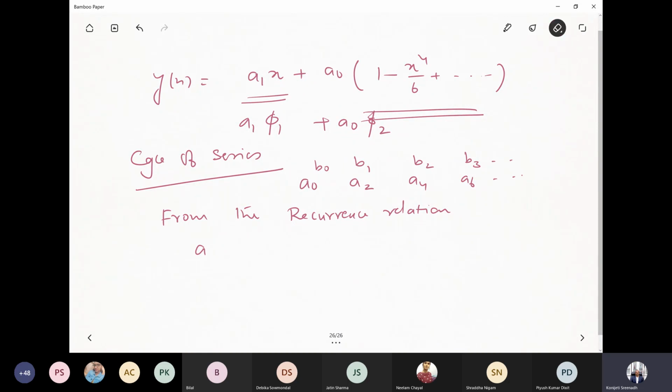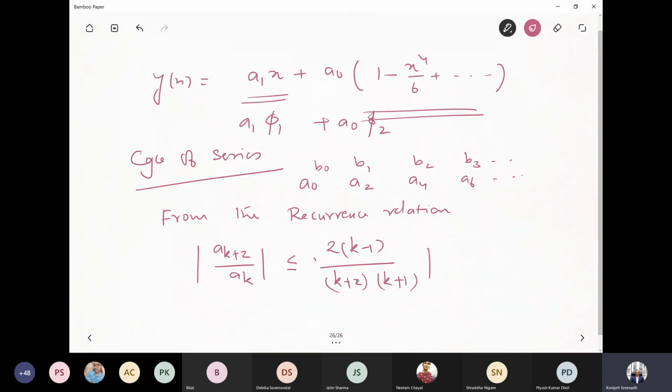And then you can write mod b_{n+1} by b_n. It's going to be the same as a_{k+2} by a_k. So that's how they are related, right? These are the adjacent coefficients. So that is going to be less than or equal to 2(k-1) upon (k+2)(k+1).